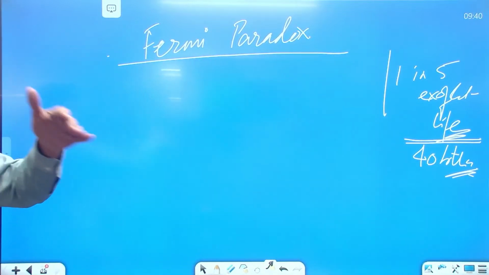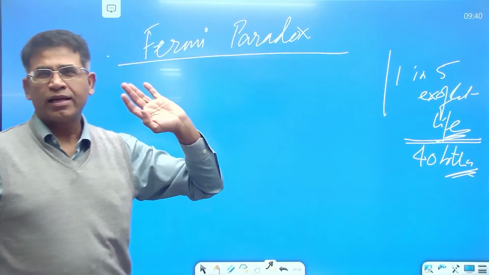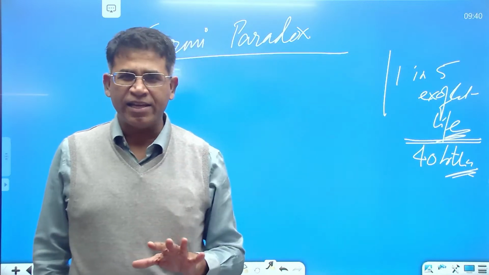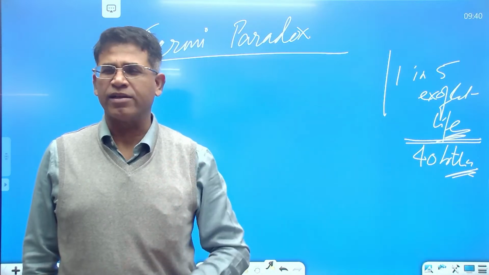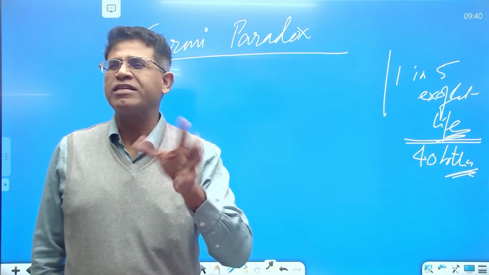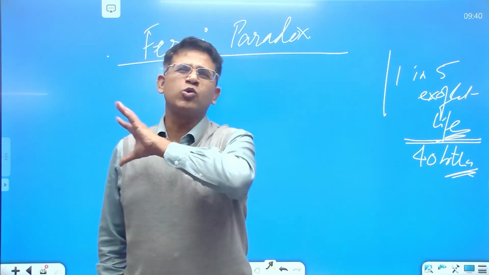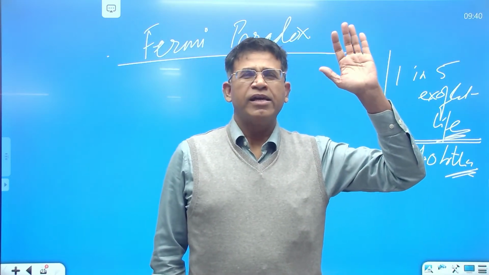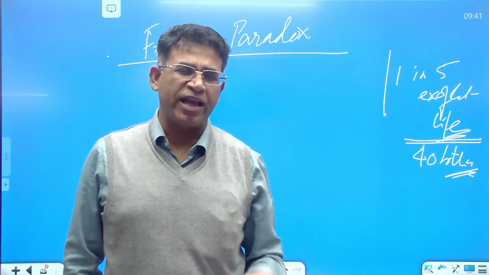Okay, a lot of data there. Fermi paradox says that although there is so much possibility of life, yet we have not found life elsewhere other than Earth. Maybe in the future we might find, but ये paradoxical है. In our galaxies, there are so many possibilities of life, but yet we have not found life like that of Earth anywhere else.